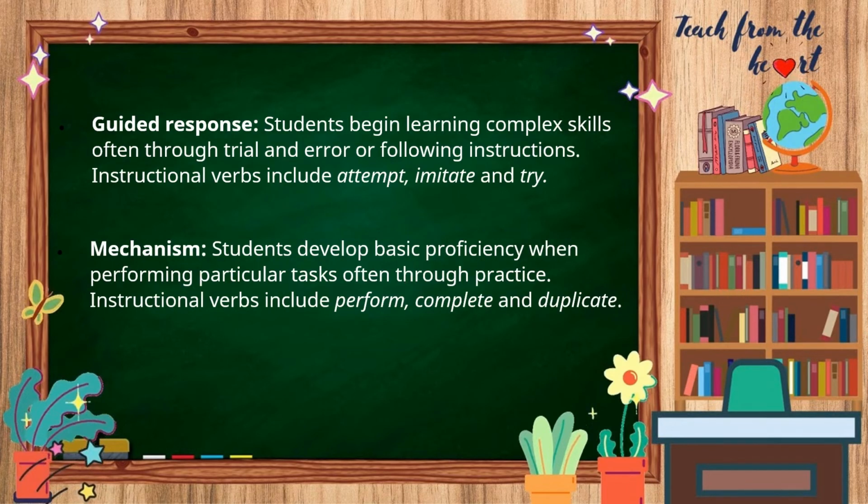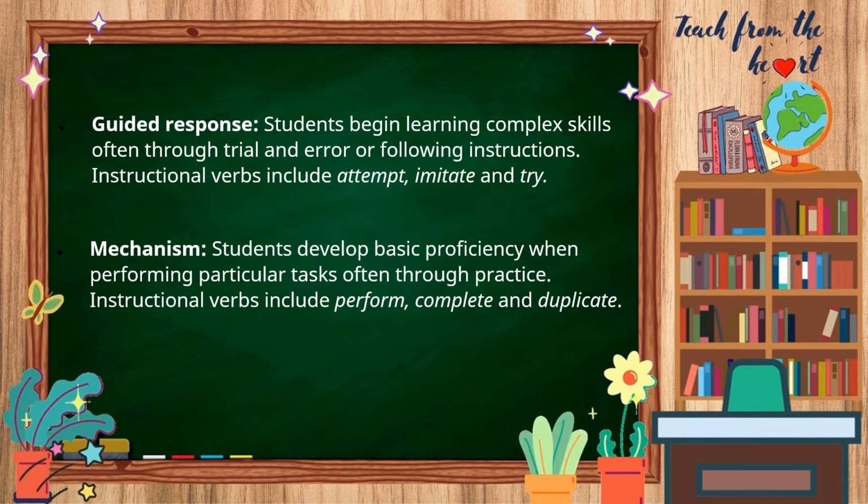Next is the guided response. Students begin learning complex skills, often through trial and error or by following instructions. For example, students learn how to build a simple circuit by watching an instructional video. The instructional verbs include attempt, imitate, and try.